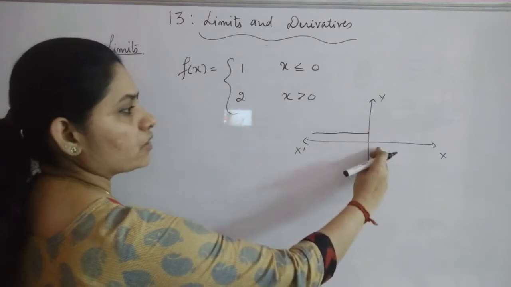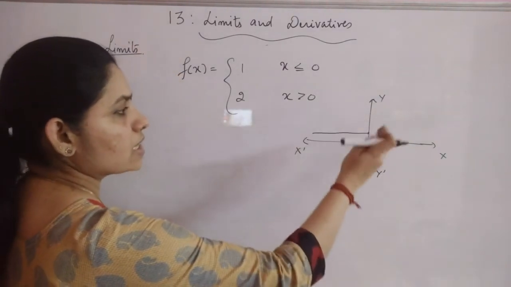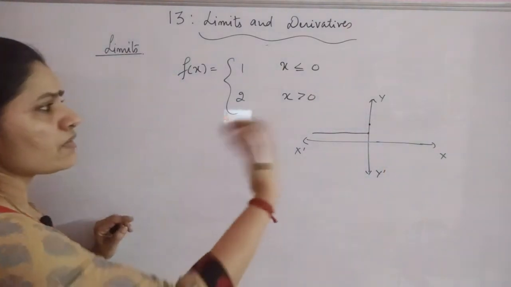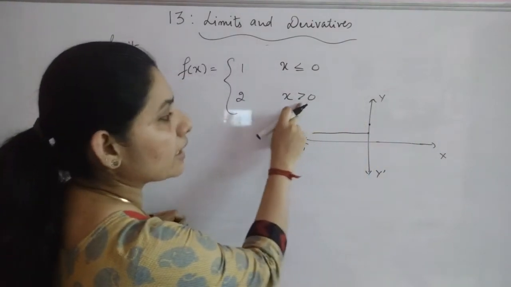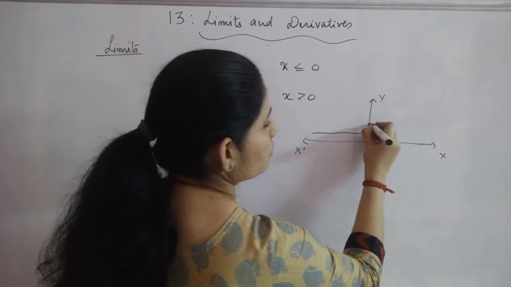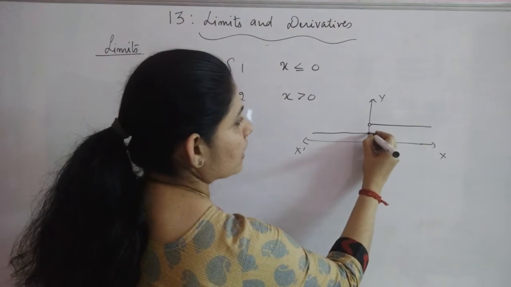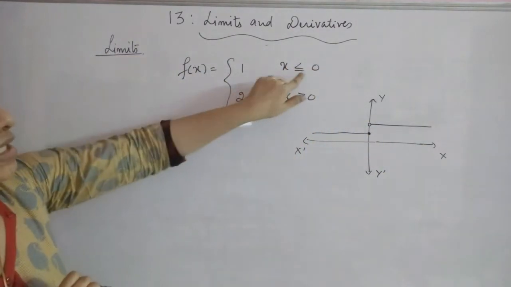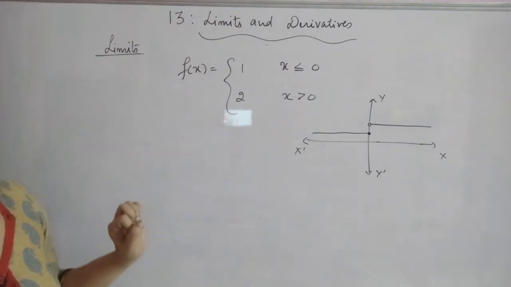But when you go for the positive value of x, that is x greater than 0, the function's value is 2, right? Function's value is 2 for all the values, but here it is for greater, not at the point. So here I will just draw a hollow circle and then it will be like this, and here I will darken because equal to is also included in this function. So when x is 0, at that time also the function's value is 1. So this will be the graph.